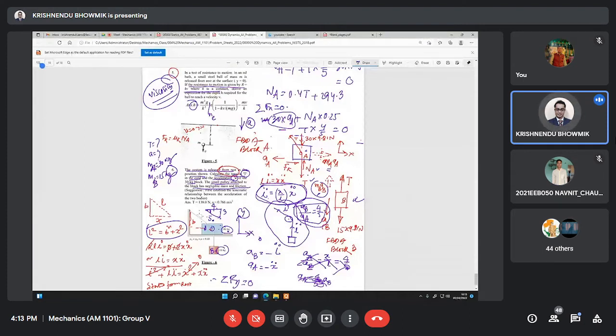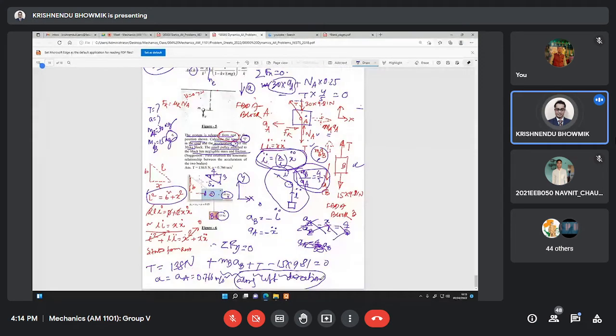Or maybe you can write the acceleration part on the right side. That is also okay for me. Then once you solve this, you will get the tension of the cord 138 Newton and the acceleration of the 30 kg block, AA, equal to 0.766 meter per second square. You try this and try to get this answer correctly.